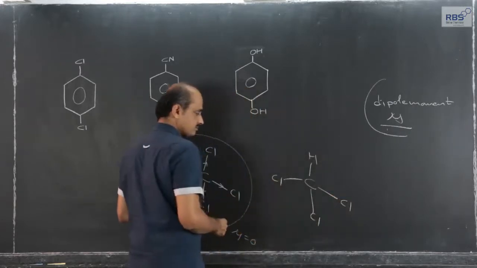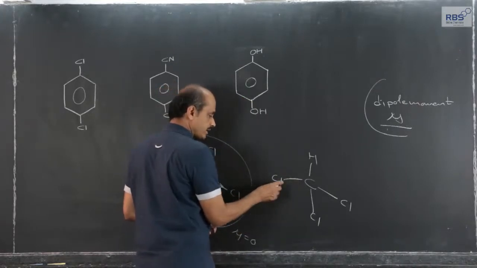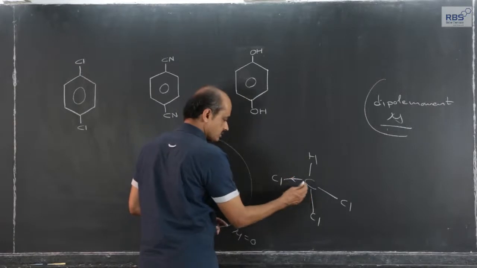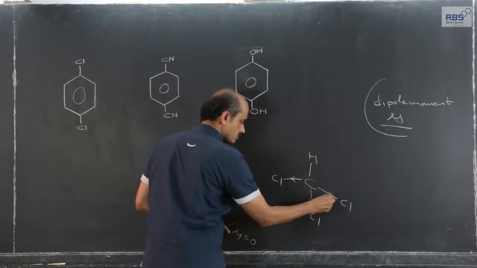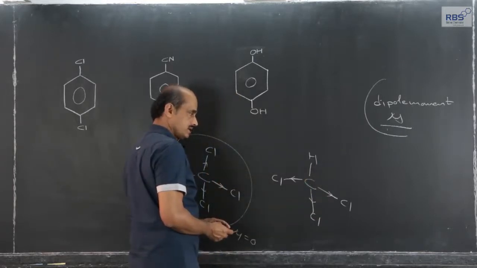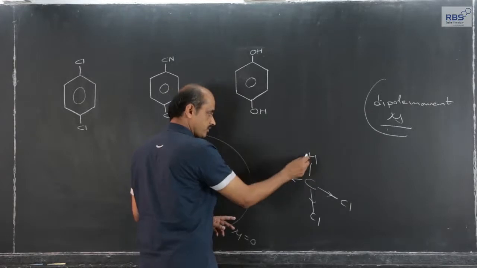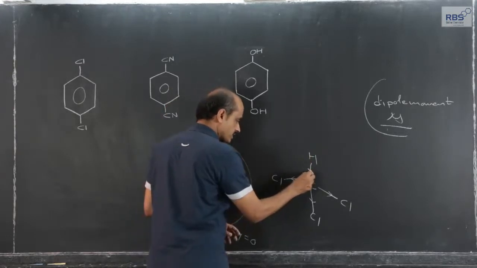things change. Carbon chlorine bond is polar, chlorine is more electronegative than carbon. So, slight shifting of the shared pair towards chlorine. Carbon hydrogen bond, although polarity is negligible, the difference 2.5 and 2.1, 0.4, is very small, shift towards carbon.